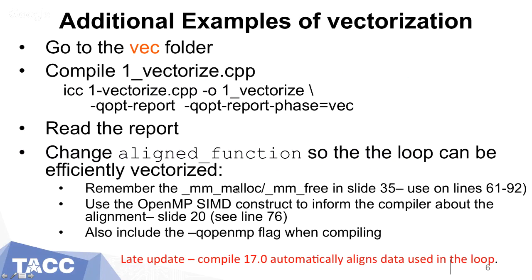And lo and behold, you don't get any speedup, because if you read the reports, they're vectorized in both cases. If you look at the times for this, they're exactly the same, even though you did the _mm_malloc, and that's because the compiler does a good job of aligning these things to begin with. So that's a canceled one, but you go ahead and look at it.